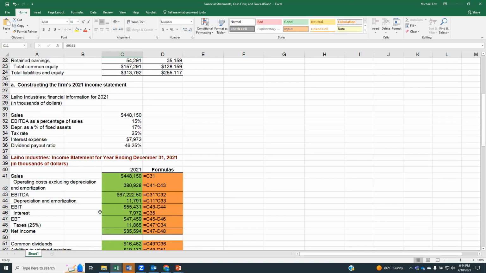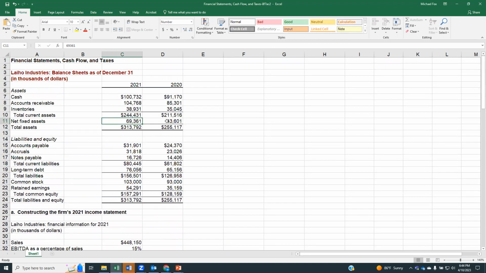Oh yeah, we had it on our income statement. So our net change, or the amount we would have purchased, would be this amount. So sorry, this year's minus last year's, plus we're going to add in that depreciation expense.